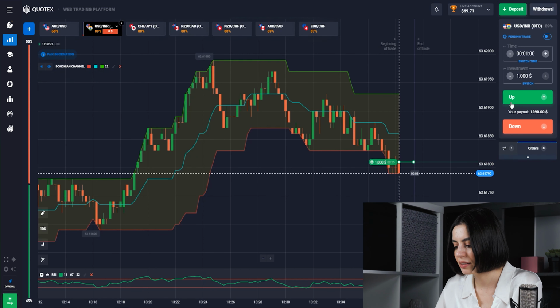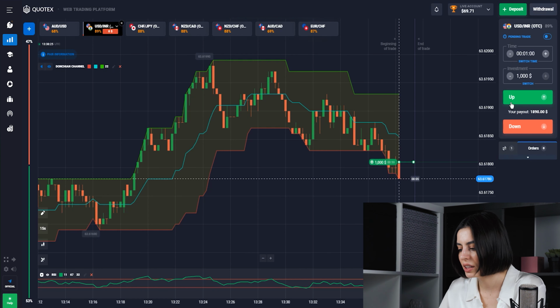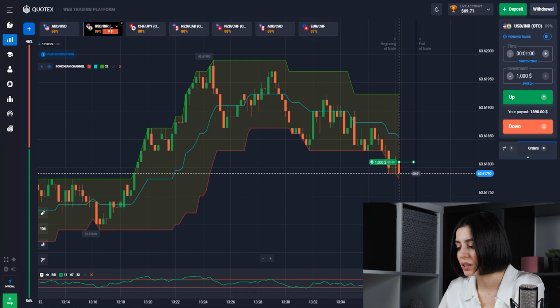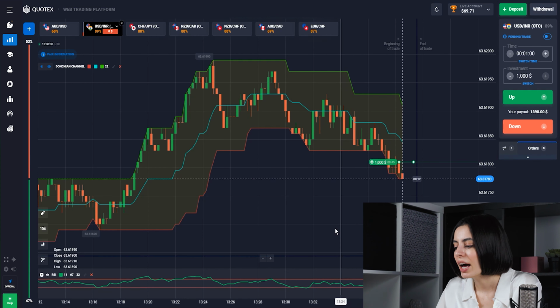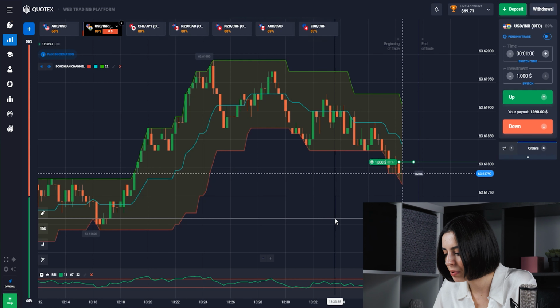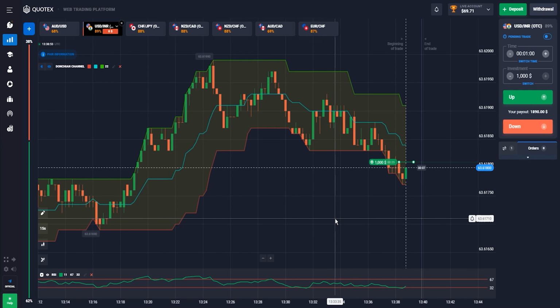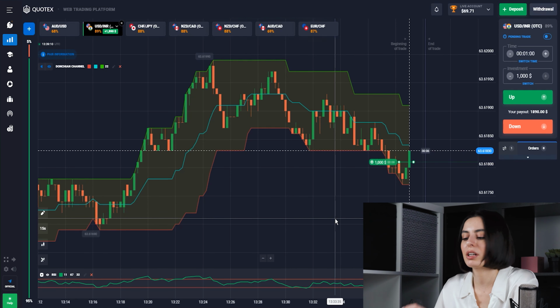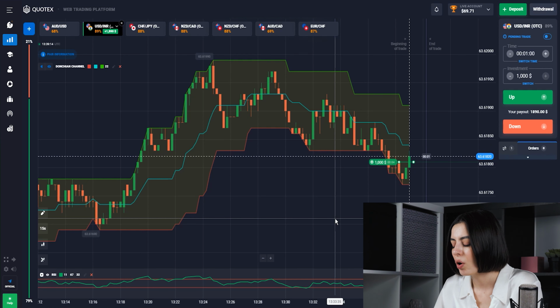Look at the RSI, still flat, but it's showing us that it's getting a little bit downward. But look at all these candles. We are at the bottom already, and I do not see that it's going to go more down in that case. Let's check how it's going to be. So here that's not the perfect situation, because I used my intuition more than all the indicators.